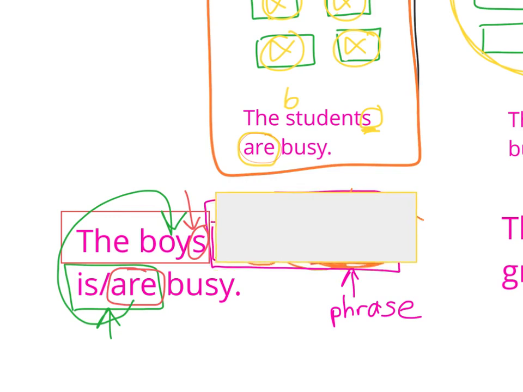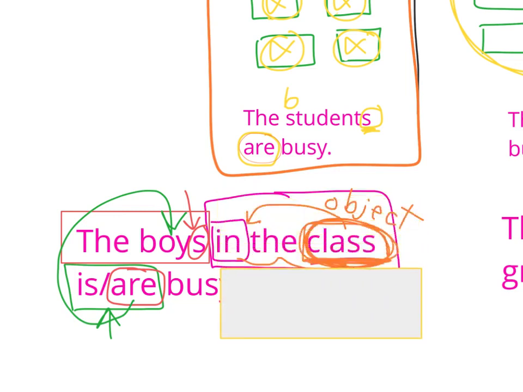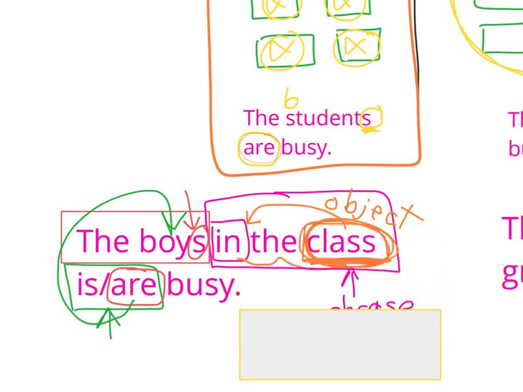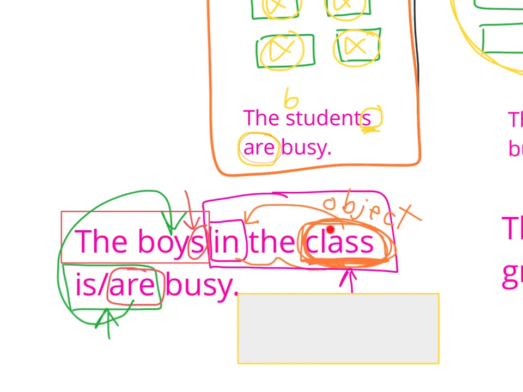So if you are trying to decide if you need to use is or are, and you see a prepositional phrase in between the subject, okay, so here's the subject and here's the verb, but in between it is a prepositional phrase. Don't let the noun at the end of the prepositional phrase fool you. Okay, that is the object of the preposition. It's not the class that is busy, it is the boys who are in the class that are busy.